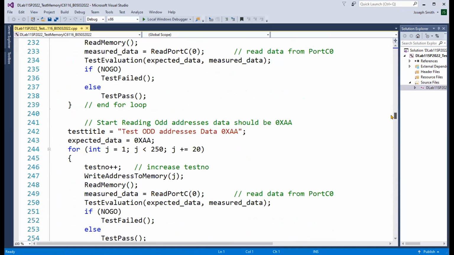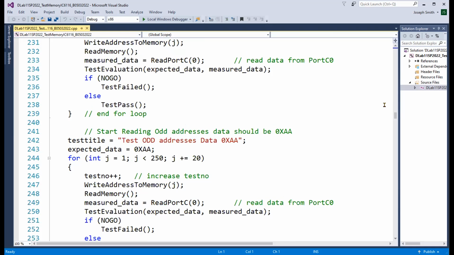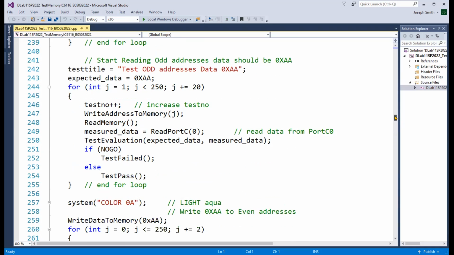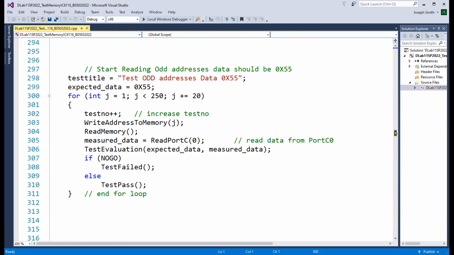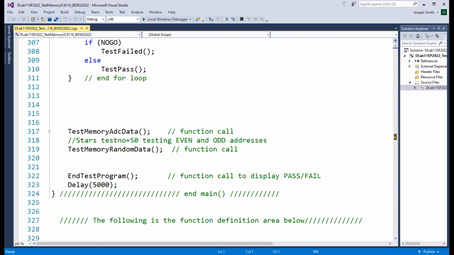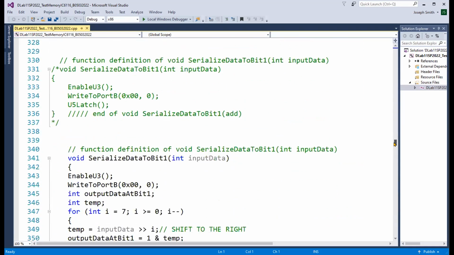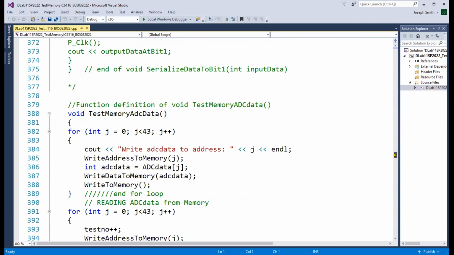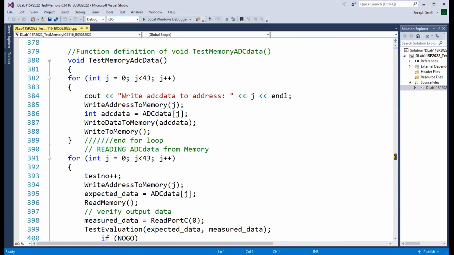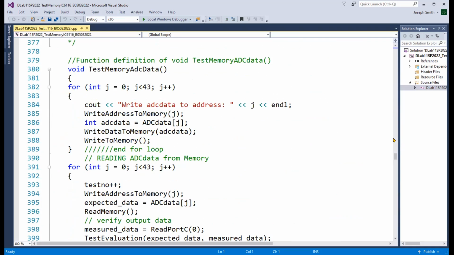Tell me where you want me to stop, Mr. Pham. I want to know that file will be on ADC data, right? Okay, let me go down to where the function definition is. Okay, right in this area.